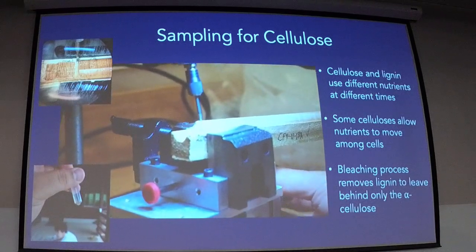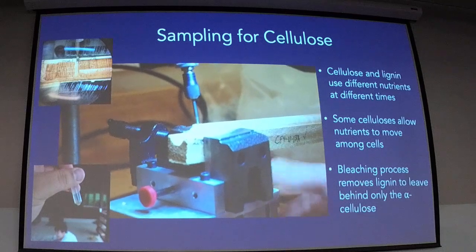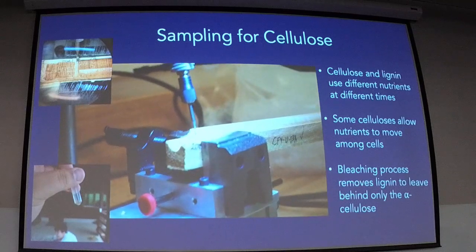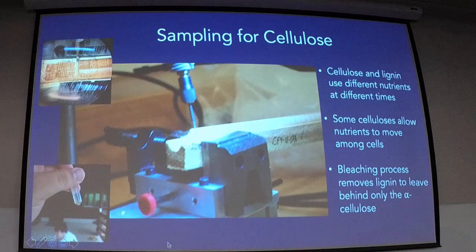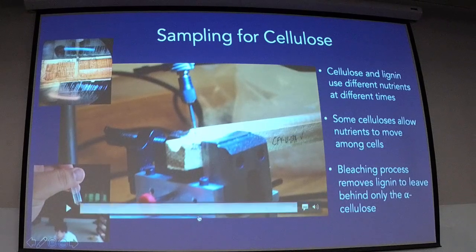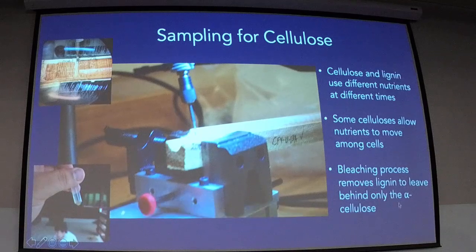It's just an idea of what has to happen after we do ring width and move on into isotopes. Eventually we'll put that tree ring that we just drilled into this little tubule down here, and we'll send that off to a lab for carbon isotope analysis.